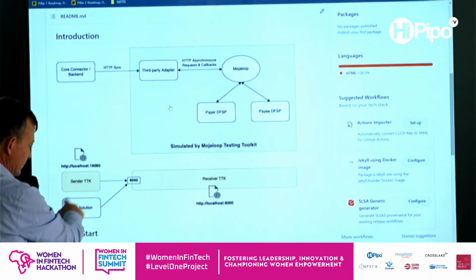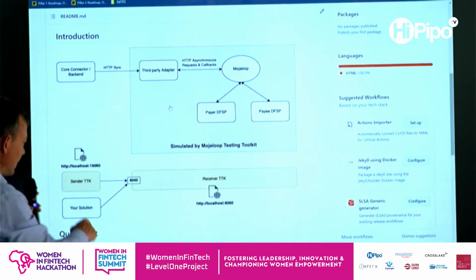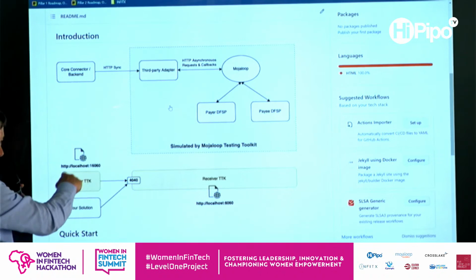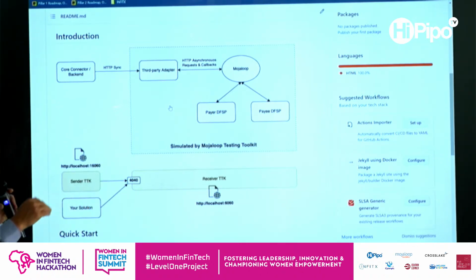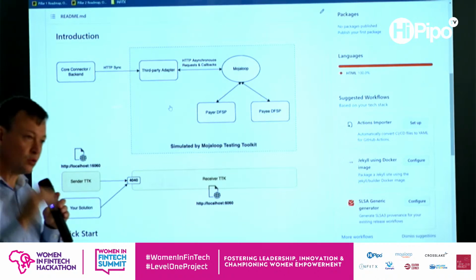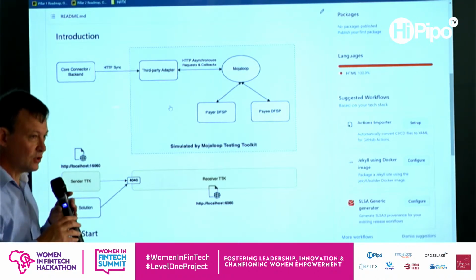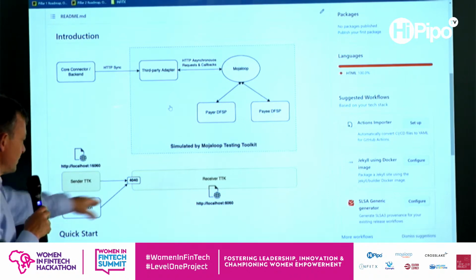That's what you need to do in your software. What I'm showing you is this guy, the sender, the 16060, and it's doing what your software needs to do. So you need to replace it with your calls.